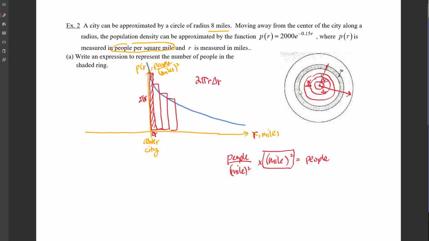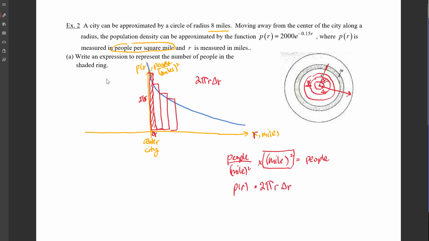And what I want to do is take this area and multiply it by people per square mile, and that will give me the number of people. So the number of people in this first box is going to be this PR, the population density, times the area of this box. So it'll be 2 pi r delta r.